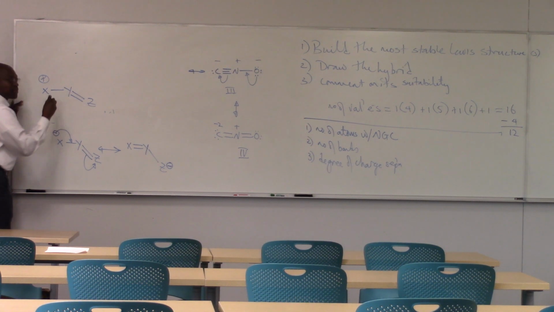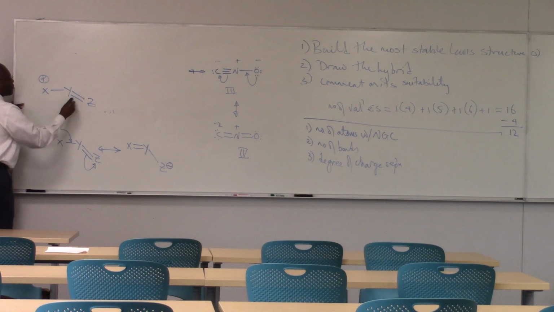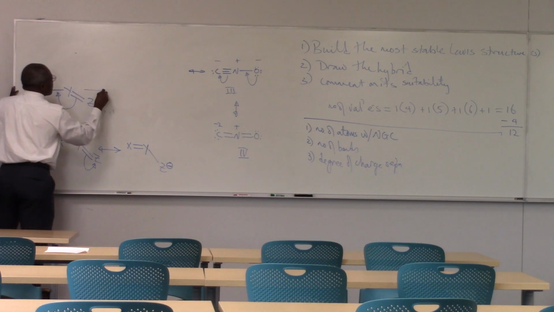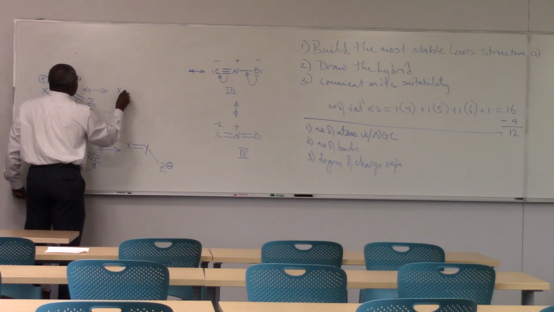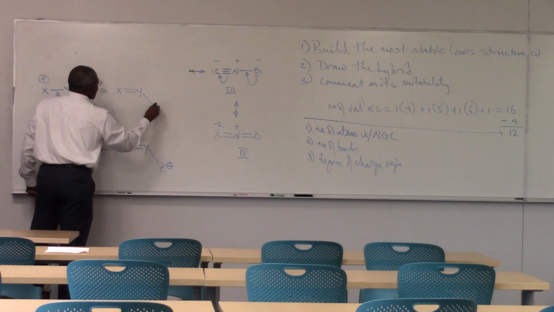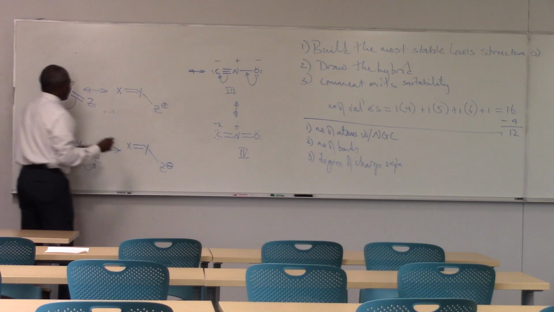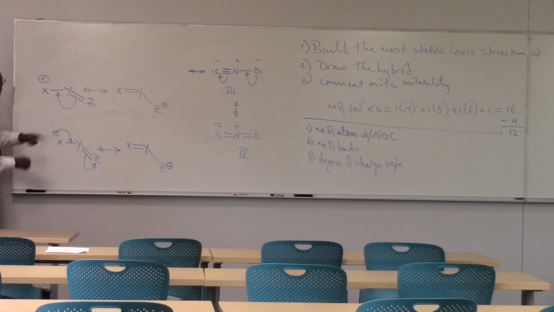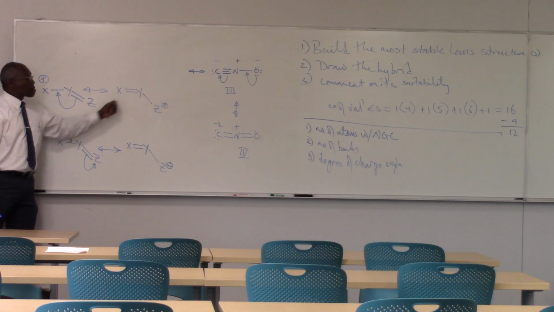In which case, electrons flow from electron rich to electron poor. I will do this, and I'll have X double bond Y, single bond Z with a plus charge. How do I know that? Well, what is happening? The Z is taking an electron pair and dumping it between X and Y. So the X is getting an electron it did not have, so it goes from 1 plus to 0.